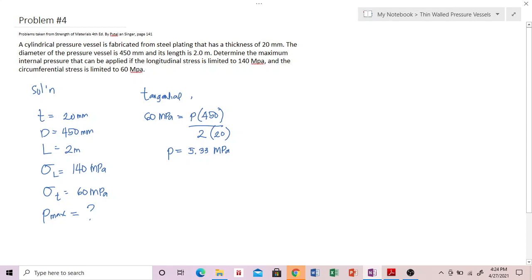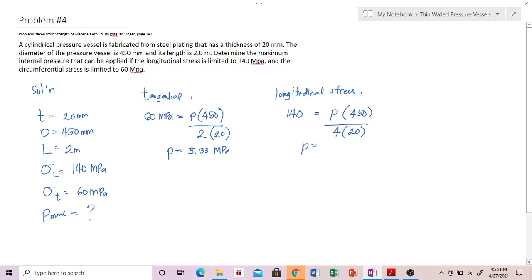Okay, considering naman na longitudinal, when it comes to longitudinal stress, considering longitudinal stress, the longitudinal based from the problem is 140 megapascal, equivalent to P multiplied by the diameter 450 divided by 4 times the thickness is 20.